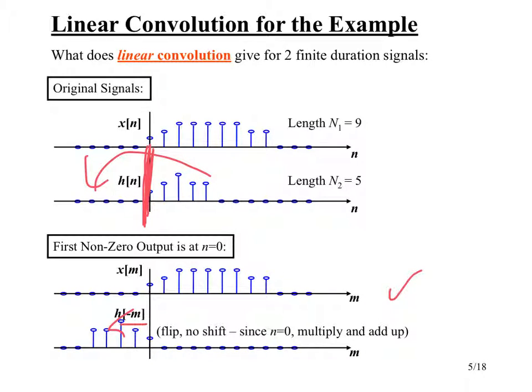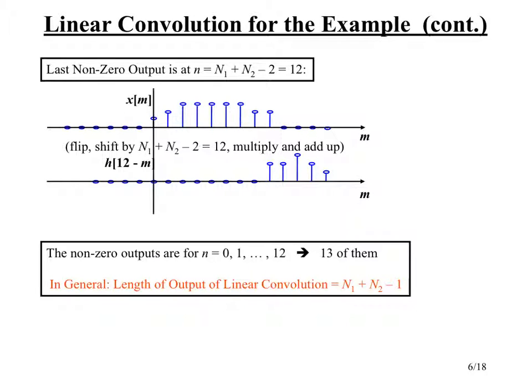So we would say that there's no overlap between the non-zero parts of those two signals if we shift to the left. If we shift to the right, that would be for n equal to 1, n equal to 2, n equal to 3. We can see that this thing is going to start moving through, and eventually we will get to a point where this last one is aligned with this one, and that'll be the last non-zero output point.